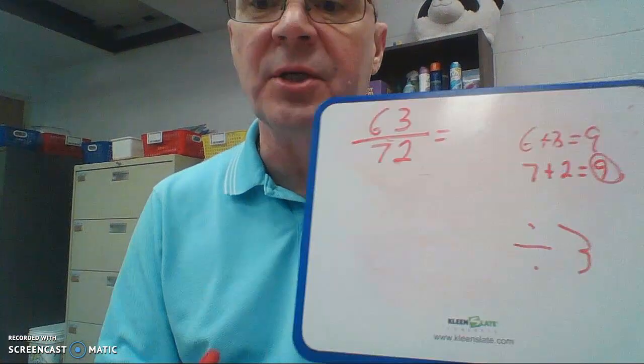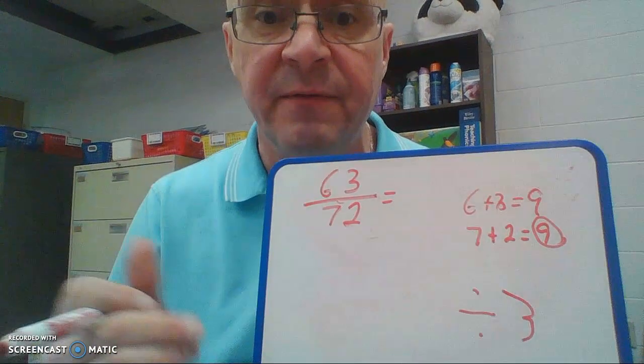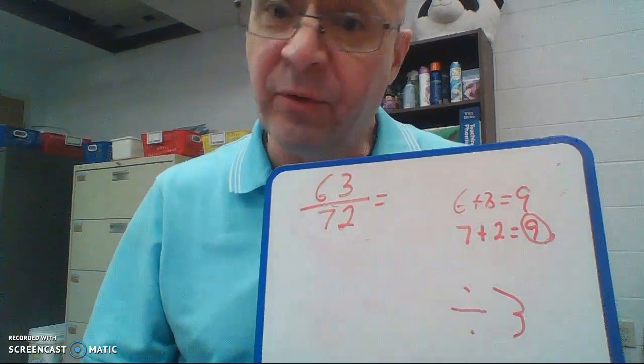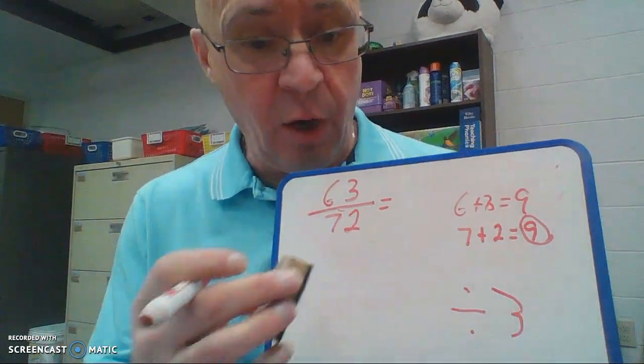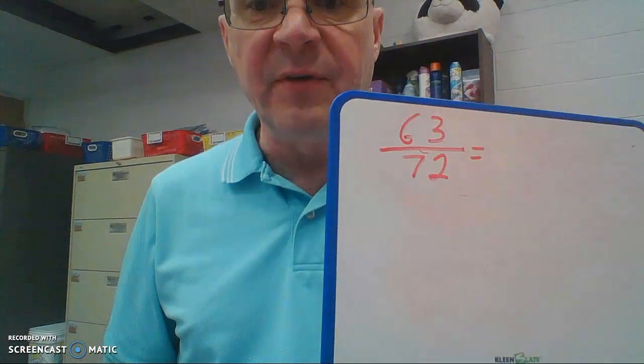That's a tricky one. So I added the digits together and I got numbers that were divisible by 3. I can divide 9 by 3, and both of them are 9. So I know that 63 and 72 are also divisible by 3.